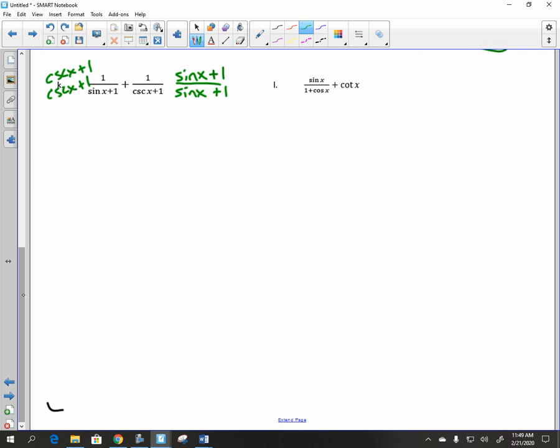So as we look at this, cosecant of x plus 1 times 1 is just cosecant of x plus 1. And I'm going to have that plus sign. Sine of x plus 1 times 1 is just sine of x plus 1. All over, does everybody agree in the denominator you have cosecant of x plus 1 times sine of x plus 1?